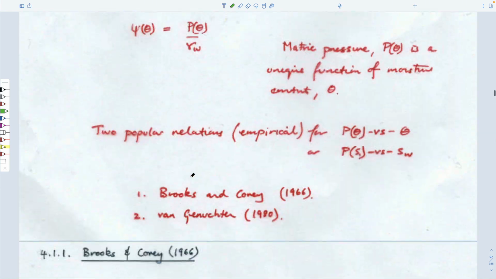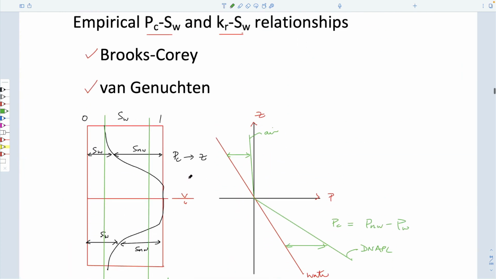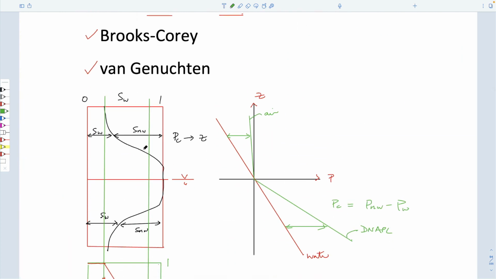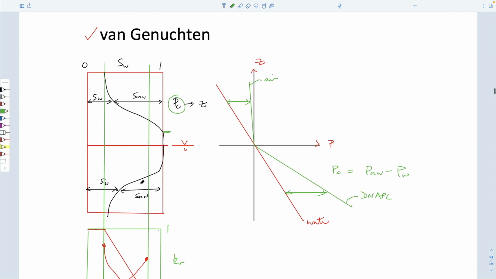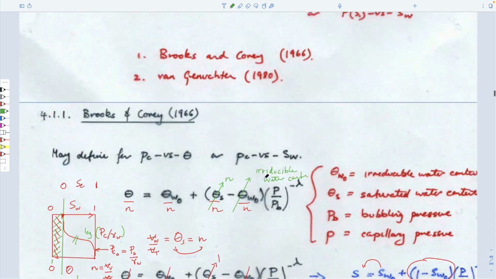So it says something about what this saturation profile would look like, which we talked about last time, because it scales with capillary pressures and relative to the bubbling pressure, we can figure out exactly what these profiles of saturation might be in the vadose zone or in a complementary way below the water table for denser than water liquids.